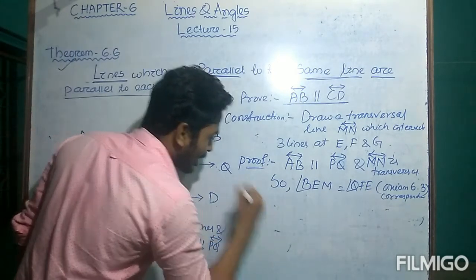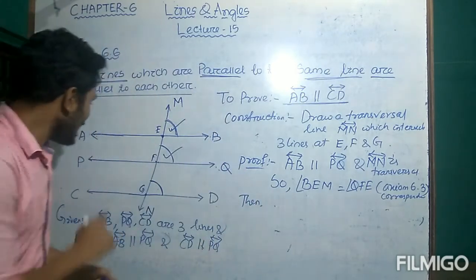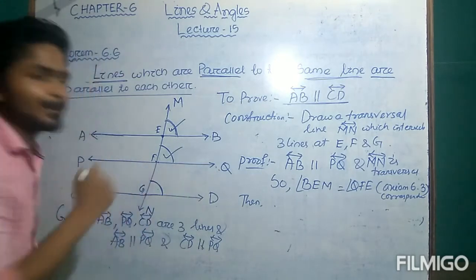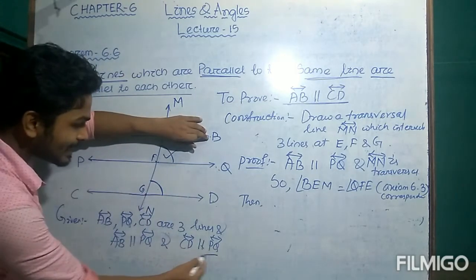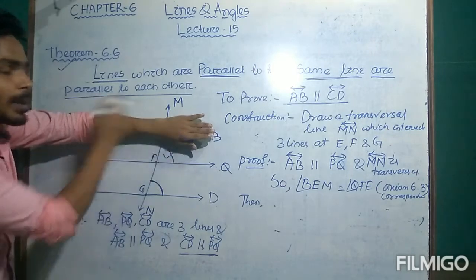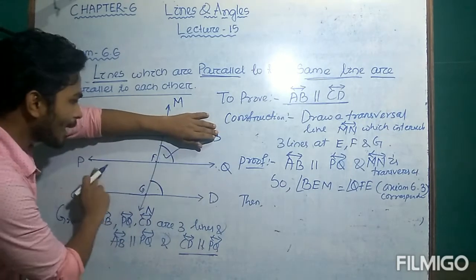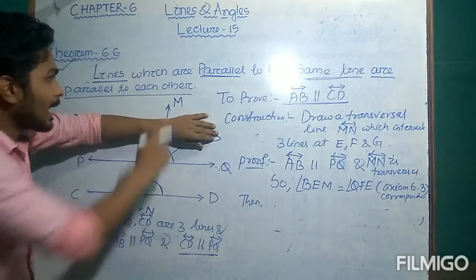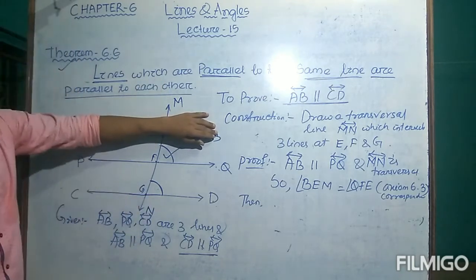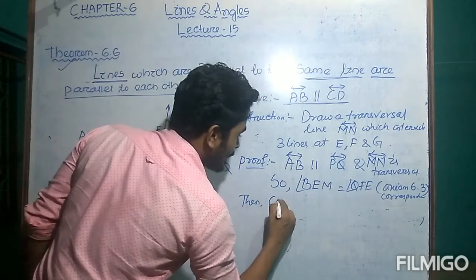Then, now consider the lines PQ and CD. It is given that CD is parallel to PQ. Forget about AB. CD is parallel to PQ. Right? And MN is a transversal line. So let us write it first.